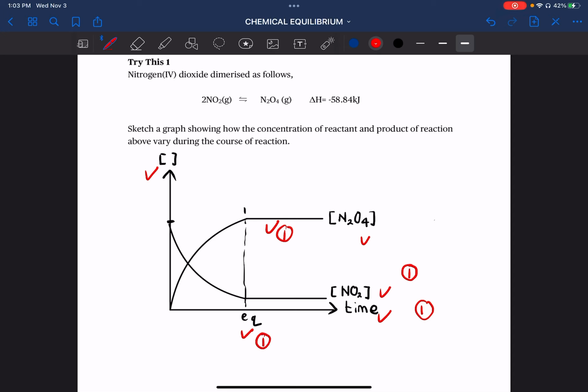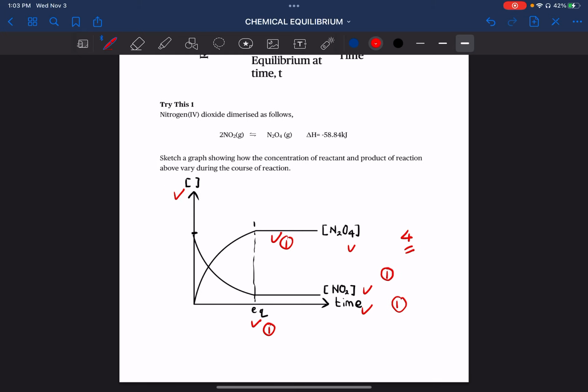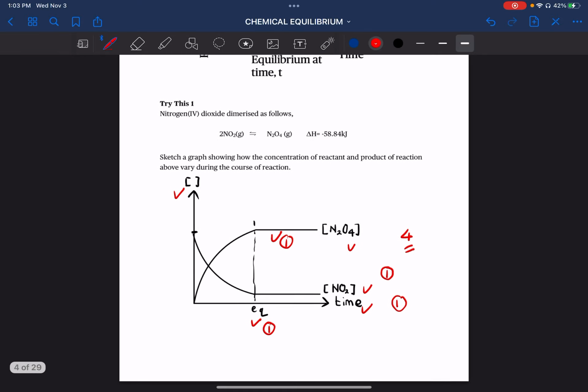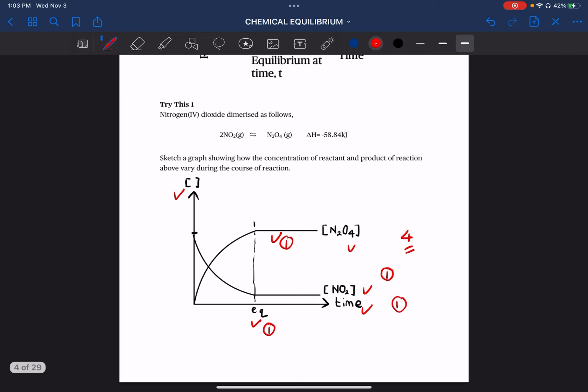So you akan dapat satu. So total kalau sketch the graph, you will get 4 marks already. Okay, so that's how we sketch the graph. You don't have to worry at this stage. You don't have to use kertas graph yet. Okay, tak perlu guna. Just sketch.